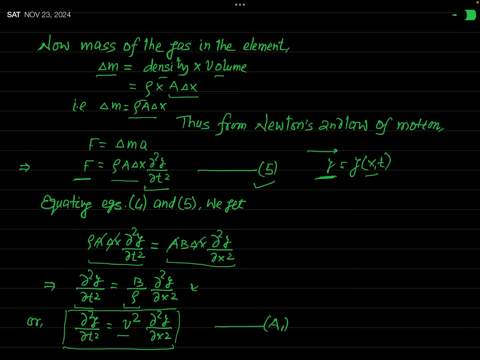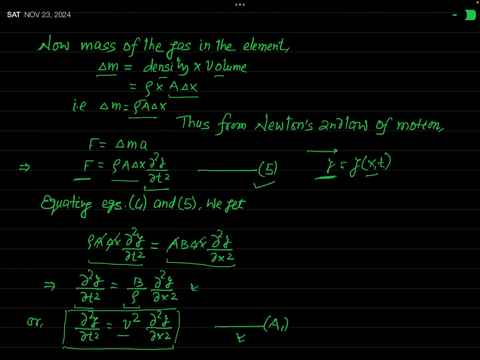And again, I am reminding you, you have already studied the differential equation of a one-dimensional wave. When you see this equation A1, you must recognize it. This is simply the famous classical wave equation in one dimension.